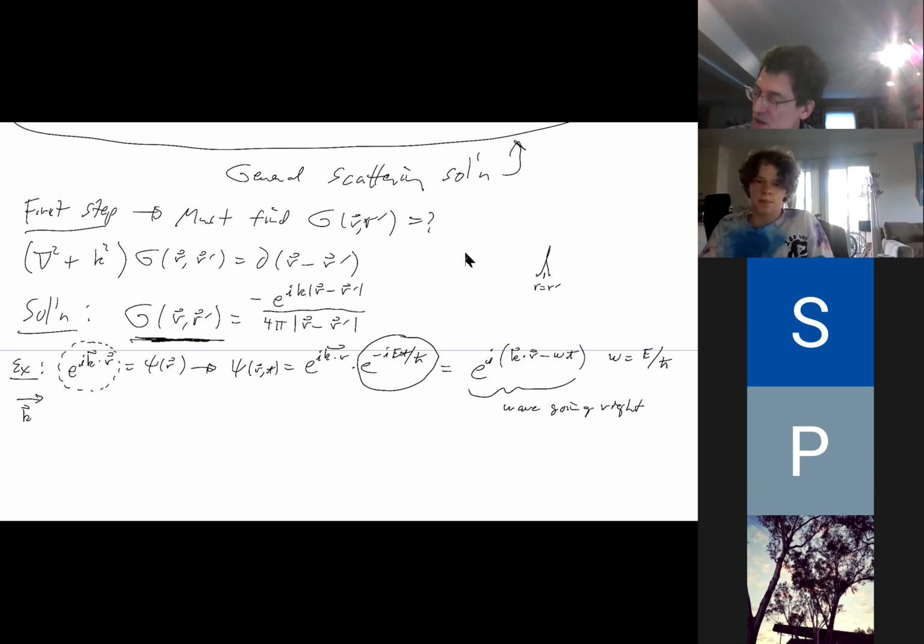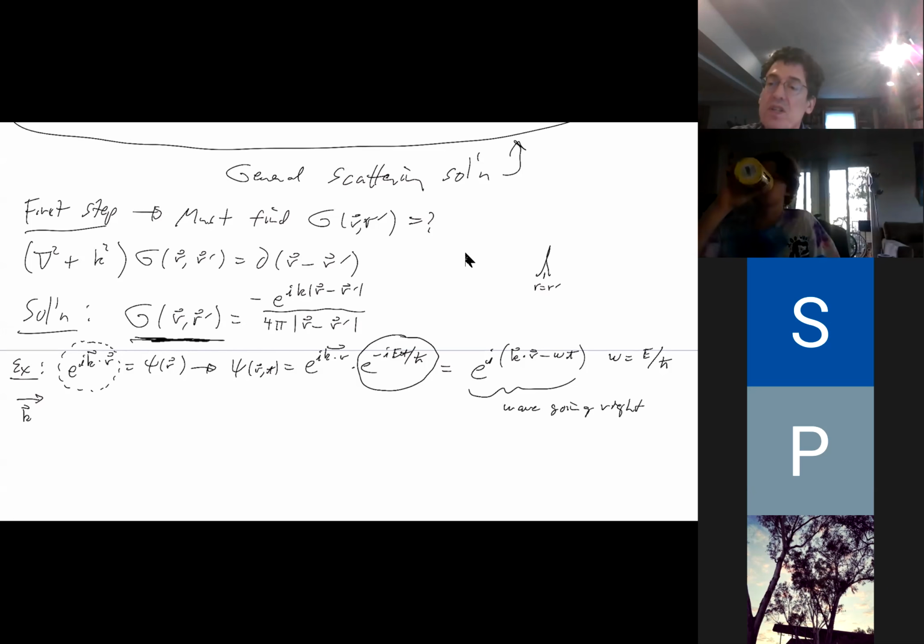I start with the source at r prime. What is this weird looking G thing? Tell me. It has a very simple physical interpretation. What is it? Maybe it will be simpler if I put r prime at 0.